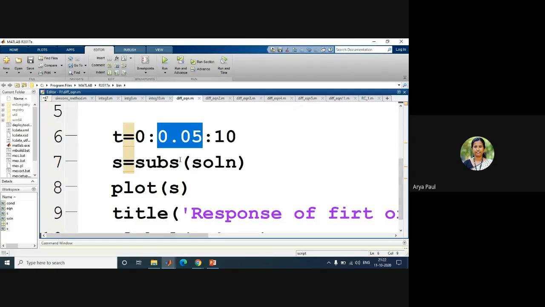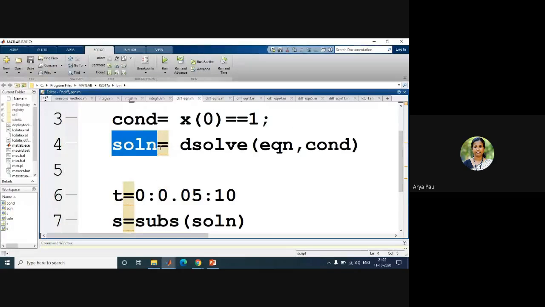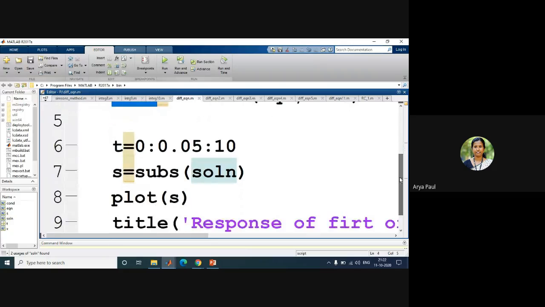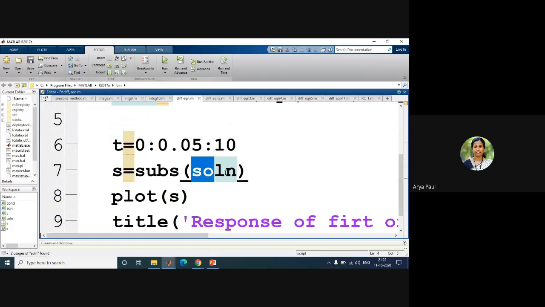Now I need to convert. So this solution, SOLN, is in symbolic representation. You need to convert this solution from symbolic to numeric variable. Once again, I repeat, this solution you initially created as symbolic, so you need to convert it into a numeric variable.